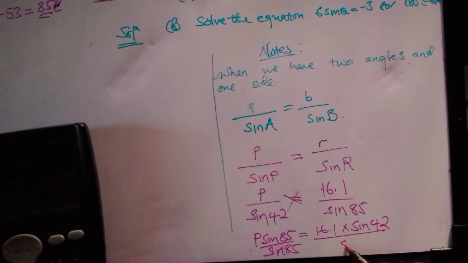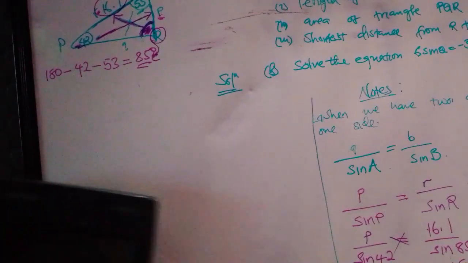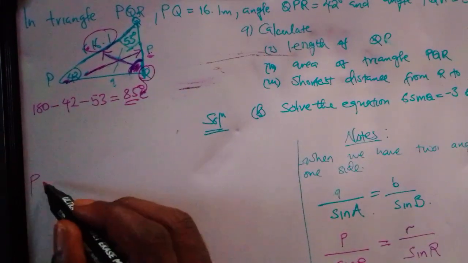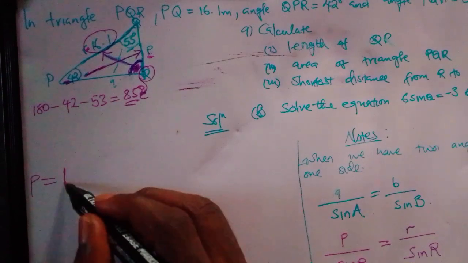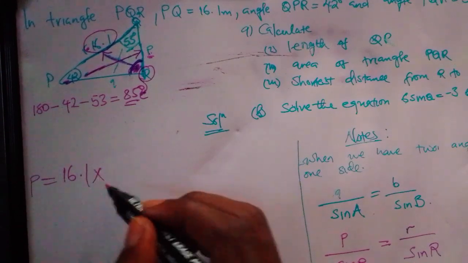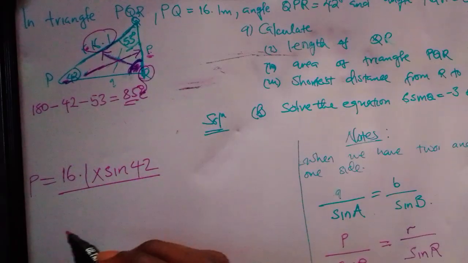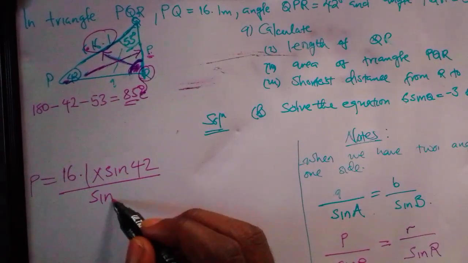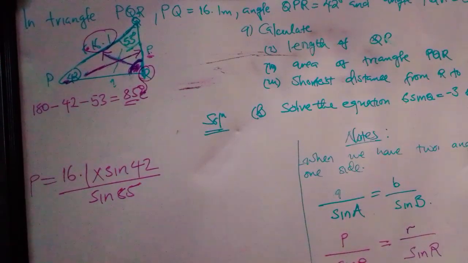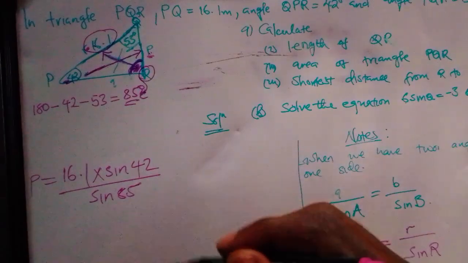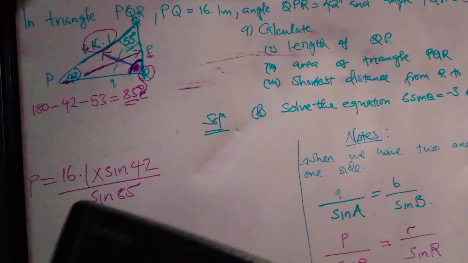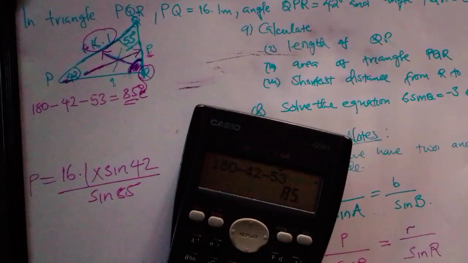So here we have P equals 16.1 times sine 42 divided by sine 85. Now you can punch on the calculator.